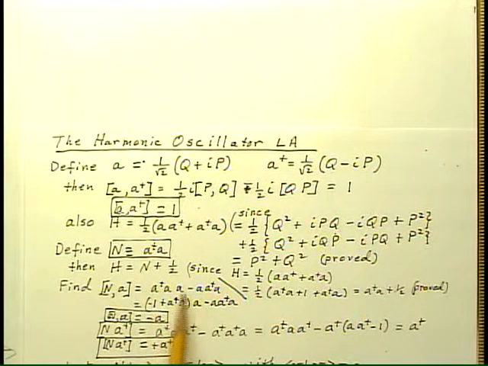In order to get this term and this term to cancel, we want to take the A and A dagger and interchange them, which gives us a minus 1 plus A dagger A times A minus A dagger A. I believe this should be minus 1 plus, this dagger should be over here.